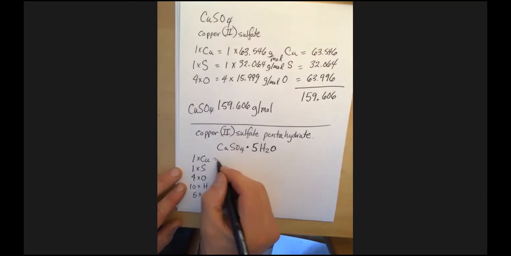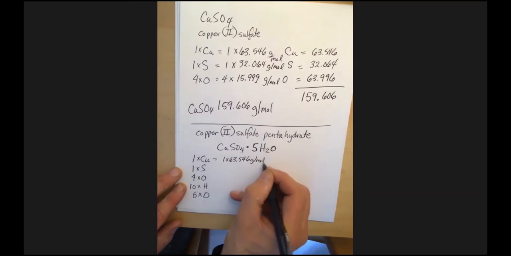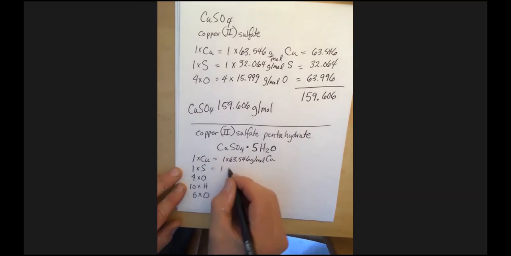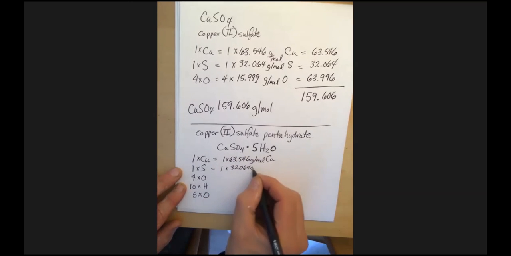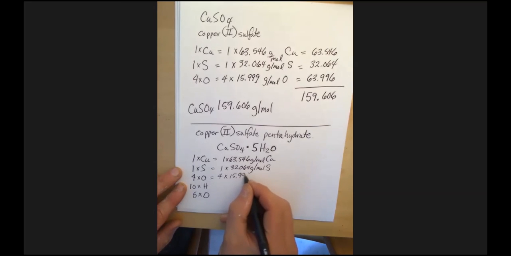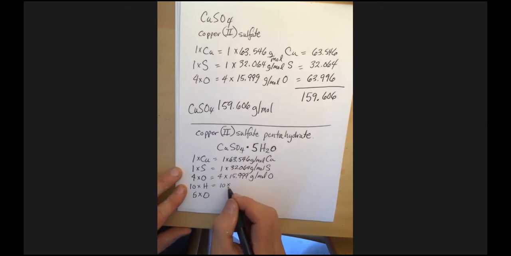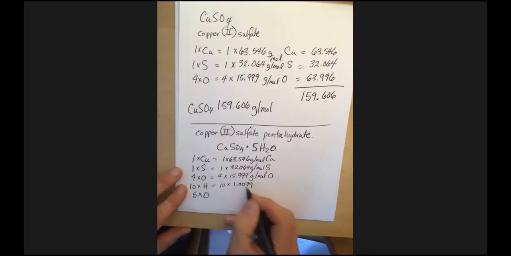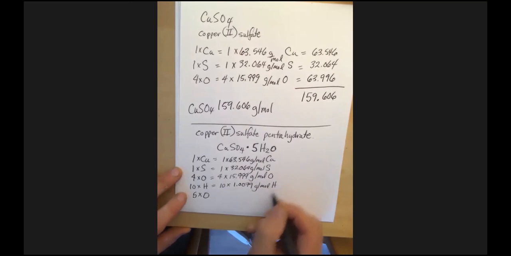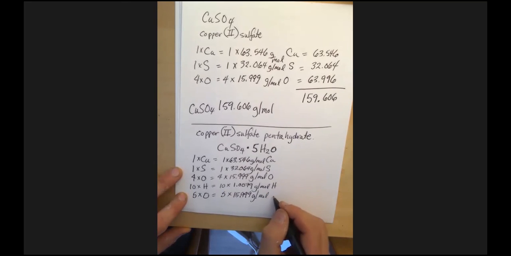I'll do the first 3. 1 times 63.546 grams per mole copper, 1 times 32.064 grams per mole sulfur, 4 times 15.999 grams per mole oxygen, 10 times 1.0079 grams per mole hydrogen, and 5 times the oxygen again, 15.999 grams per mole of oxygen.